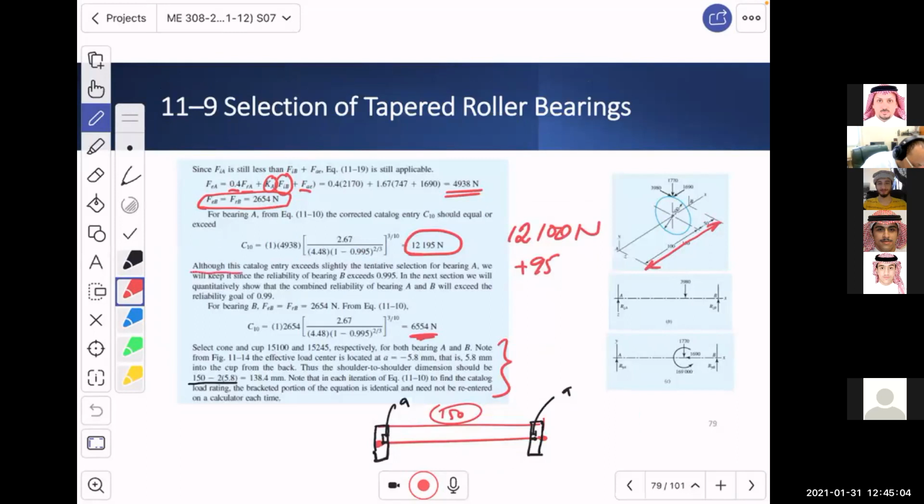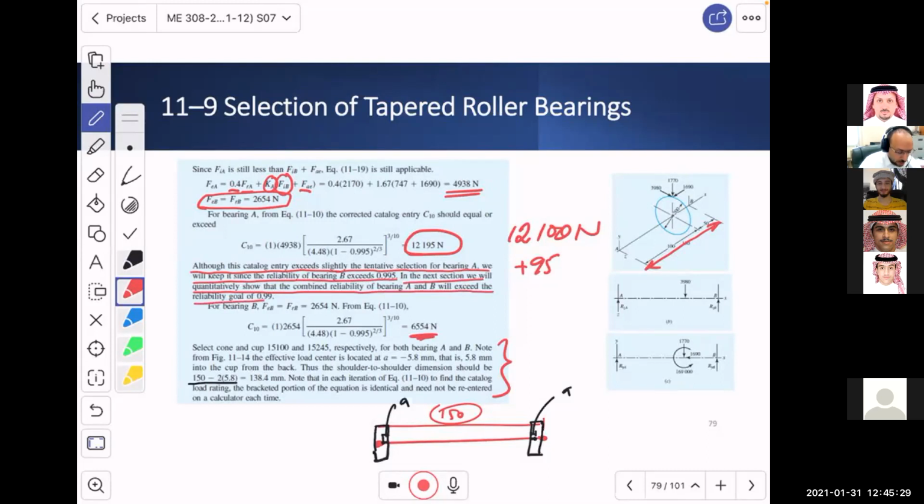It says, although this catalog entry exceeds slightly the tentative selection for bearing A, we will keep it since the reliability of bearing B exceeds 0.995. In the next section, we will quantify how the combined reliability of bearing A and B will exceed the reliability goal of 0.99. What does this mean?